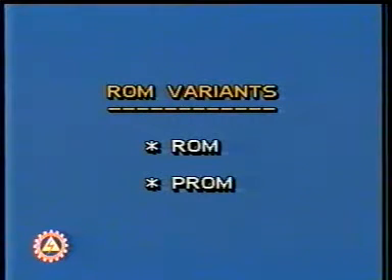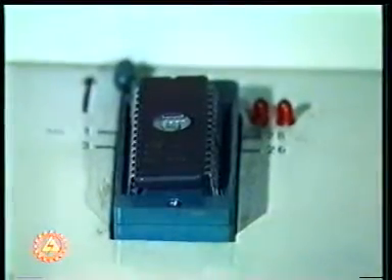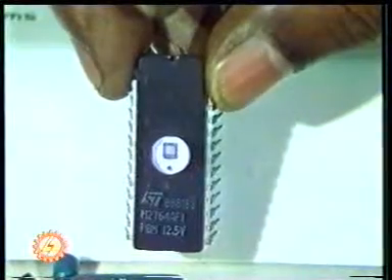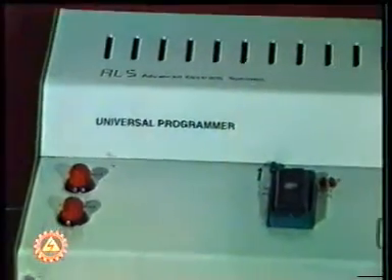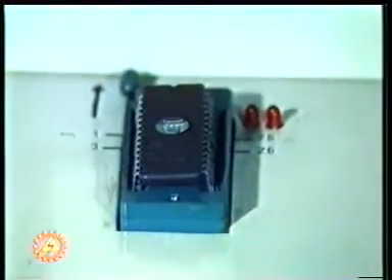In programmable read-only memory, abbreviated as PROM, the contents are programmed by the user only once, just similar to photographic plate or film. Erasable and programmable ROM, abbreviated as EPROM, where contents can be erased by ultraviolet light through a quartz window. And the contents are programmable more than once by a device known as PROM programmer.